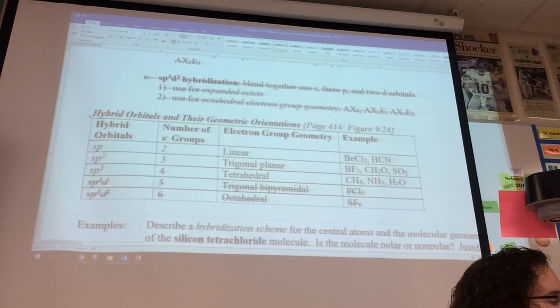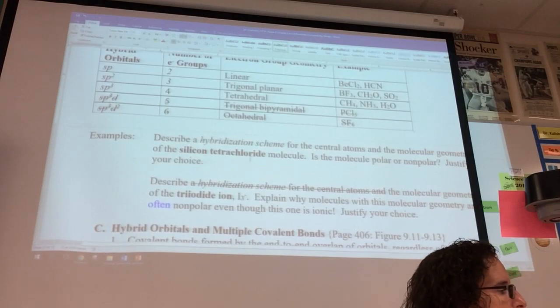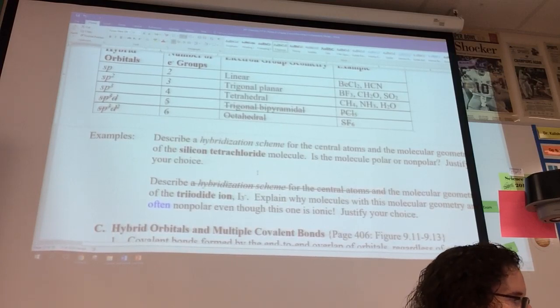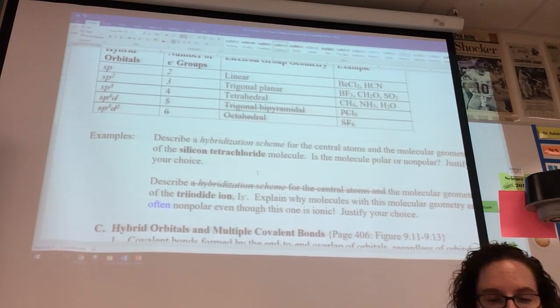I've given you a chart here that I think would be helpful to you, although I think the drawings will do it for you. Let's take a look. We'll do the first one together and part of the second, and then I just want to show you sigma and pi bonding, and that'll be the crux of it today.